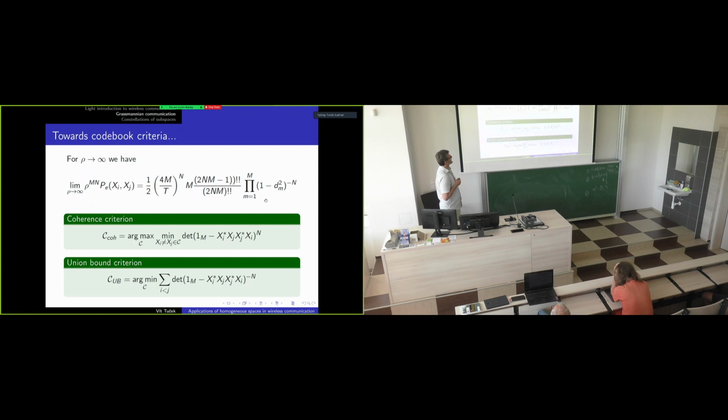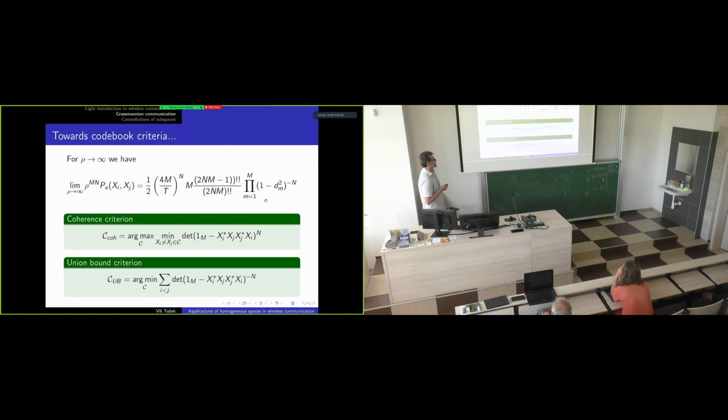High SNR limit gives you a very weird criterion where you have this determinant function, which is not a distance function. It's just something which is called coherence of subspaces in some literature. But for me, it's kind of mysterious. Like, what does this determinant actually mean?